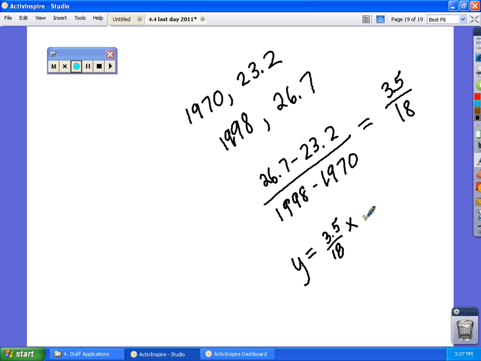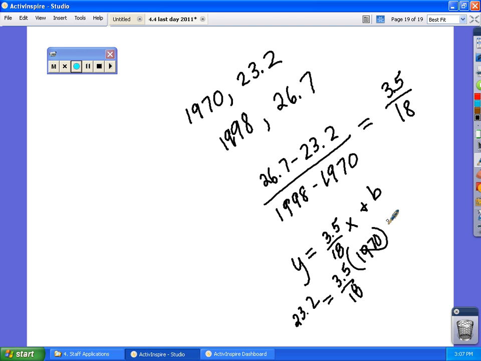So to find out the B, I'm going to have to again use one of my points. So I'm going to pick 1970 for x, and for y, 23.2.